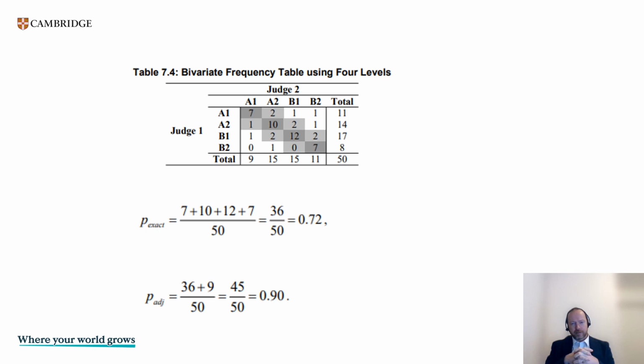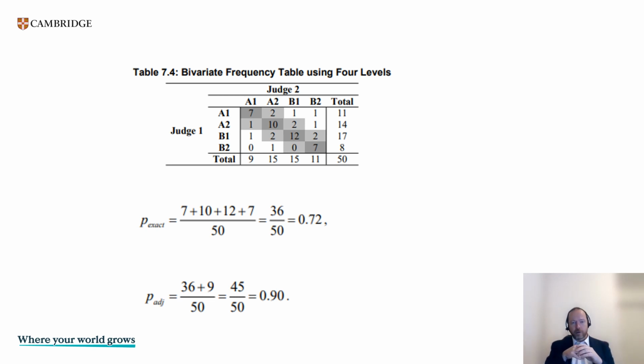So 7, 10, 12, and 7, they got correct across A1, A2, B1, and B2. Okay, so that's their agreement of the things that they agreed on, and then outside of that, you can see how far out they were as well.